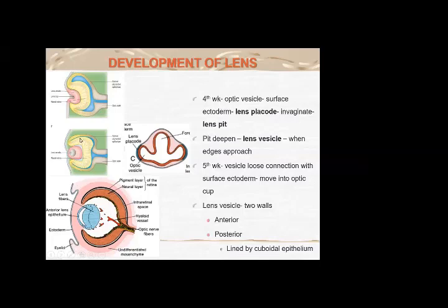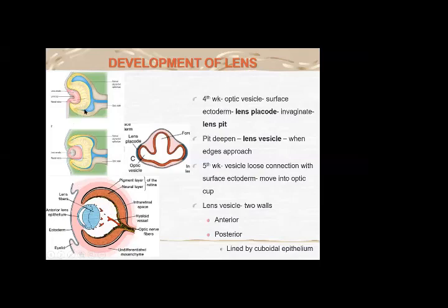When the optic vesicle invaginates, the overlying lens placode or the thickened ectoderm also invaginates. This invaginated thickened surface ectoderm is called the lens pit. So this is the lens pit. As the cup deepens, the lens pit also deepens.